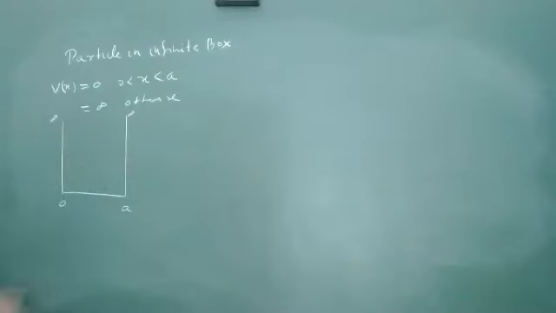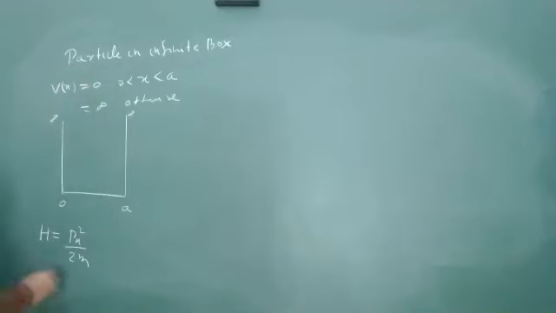So classically, what will happen? Classically, you have any value of momentum and any value of energy, and you have only kinetic energy. So what will be the classical Hamiltonian? This will be something px square upon 2m. And obviously, your particle is confined inside this box. And you can have any value of energy.